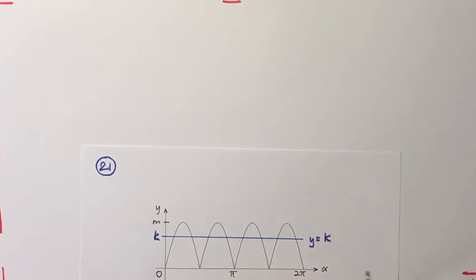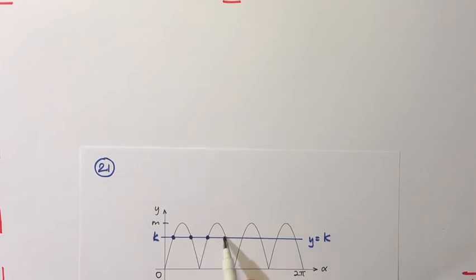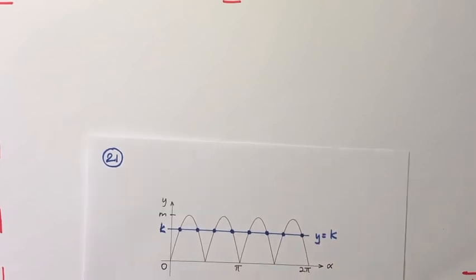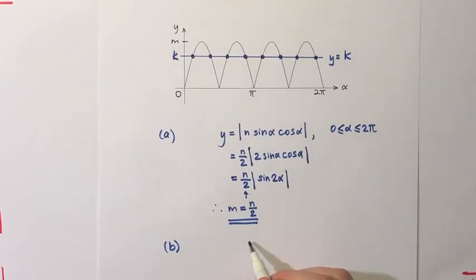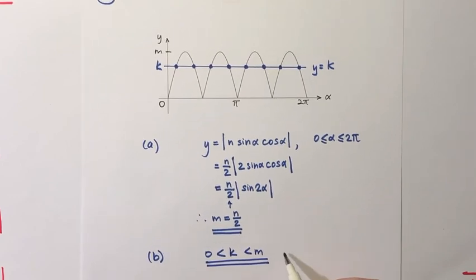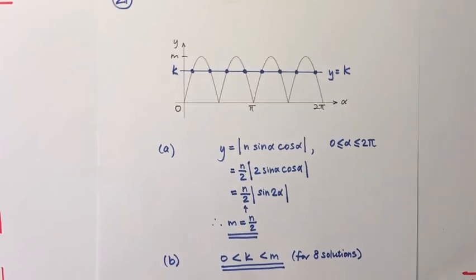Let's state that as y equals k. And we see that we have 1, 2, 3, 4, 5, 6, 7, 8 solutions. So for there to be 8 solutions, k must lie between 0 and m. And that's the answer for part B.